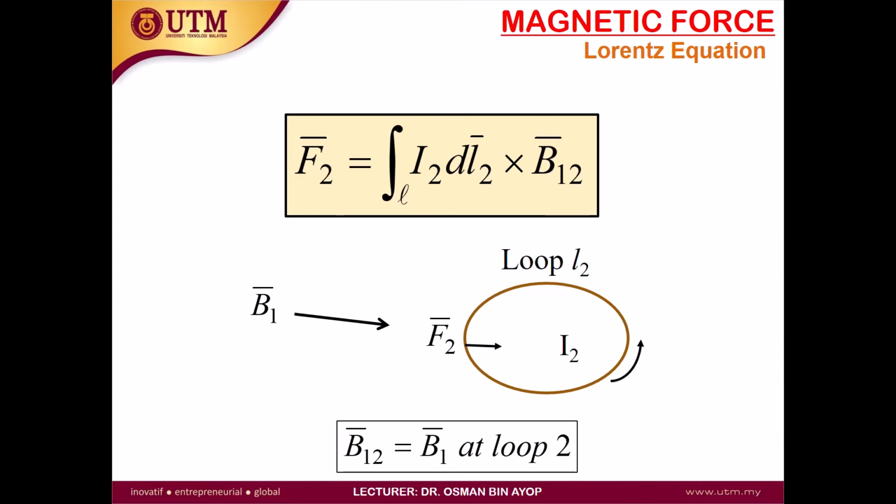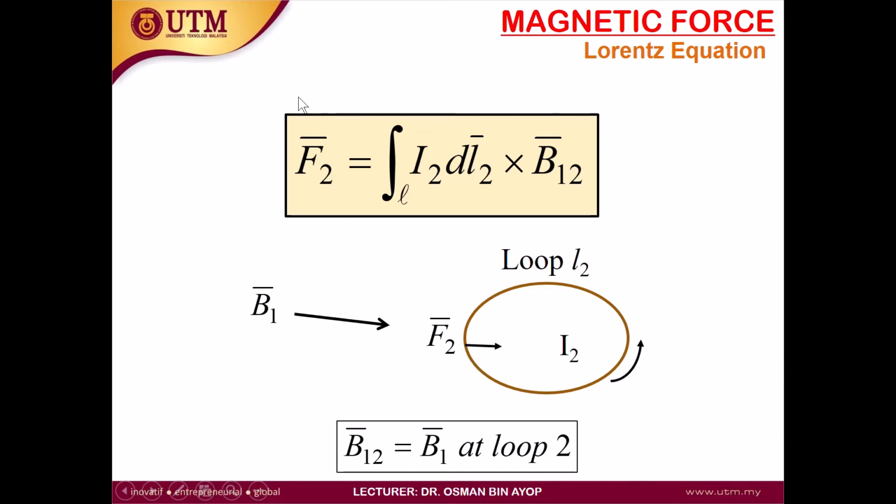In this case, if you have a loop carrying a current inside a magnetic field produced by another current source, the loop L2 will experience the force F2.